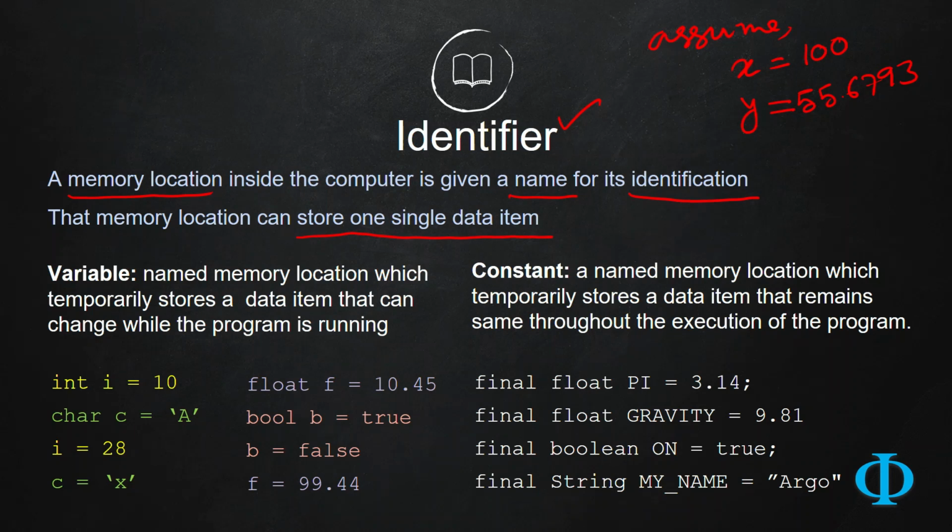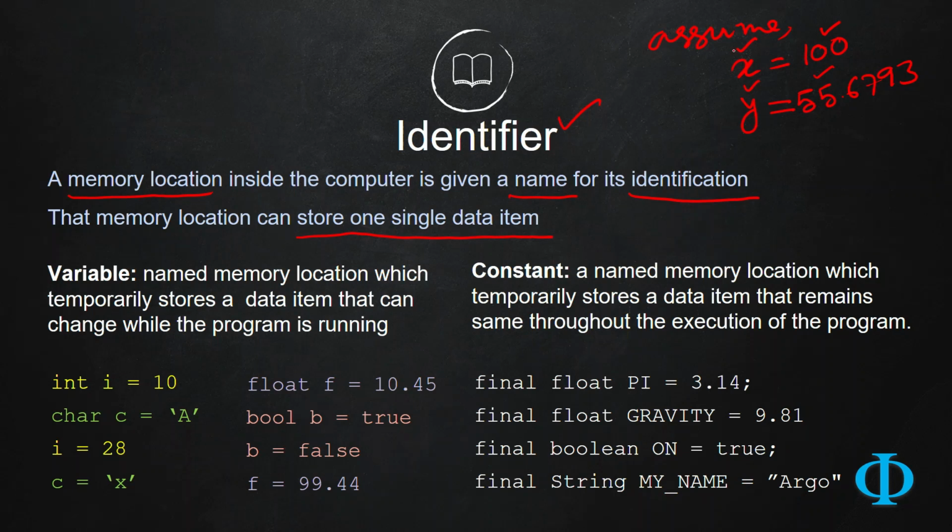It is very common, right? You frequently store some kind of numerical value like 100 into some letters like X or something like that. Also some numerical value like 55.6793 inside Y. So it is pretty common tactics, right?